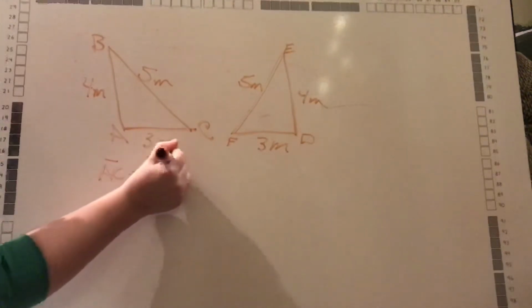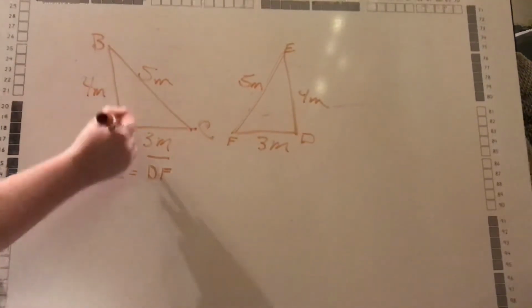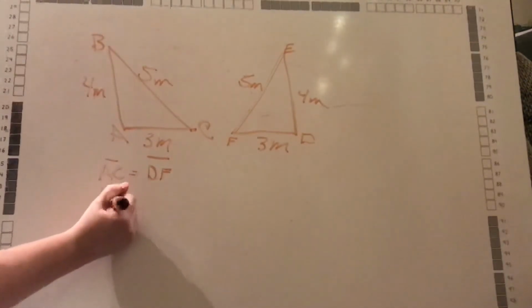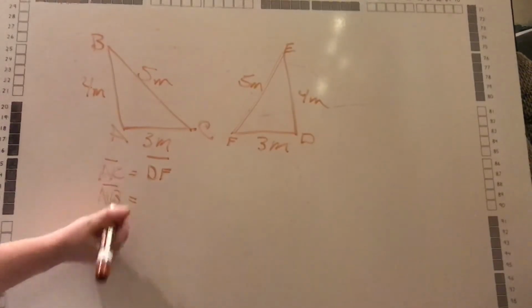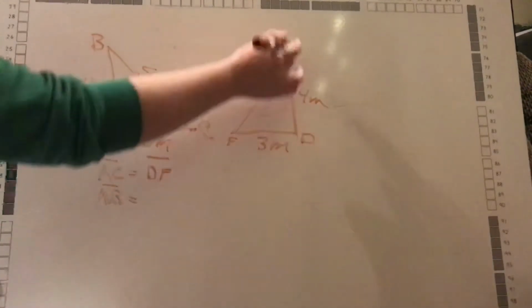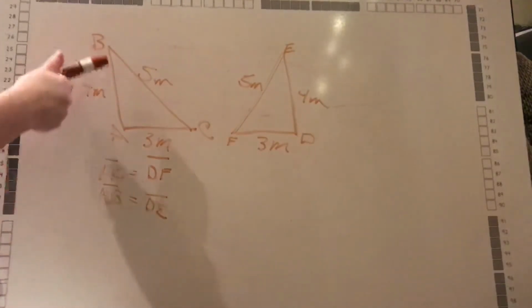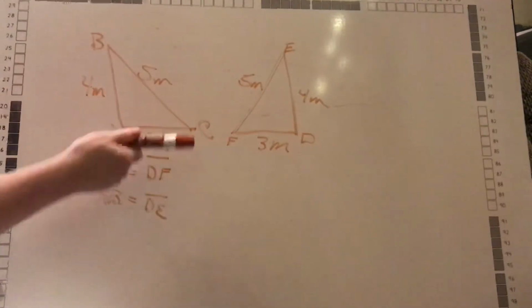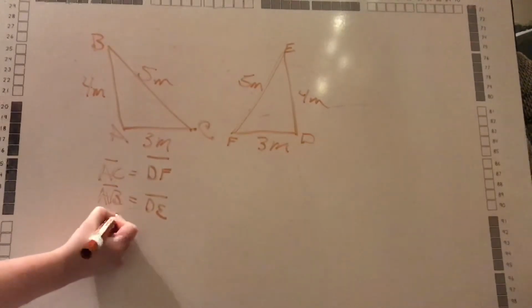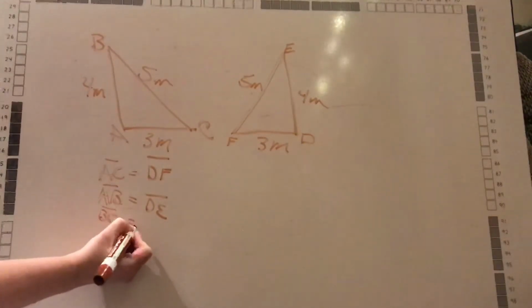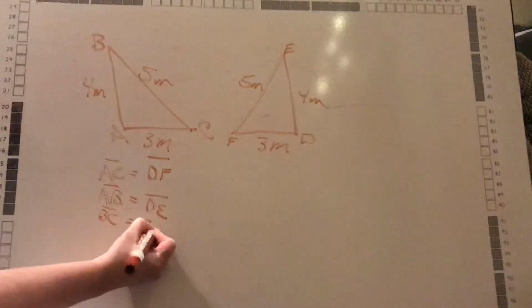And then AB is equal to DE. And BC is equal to EF.